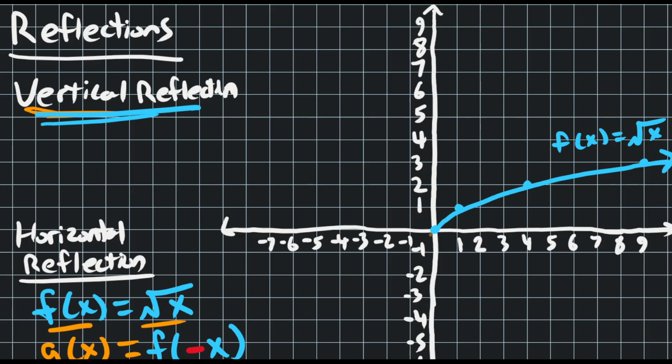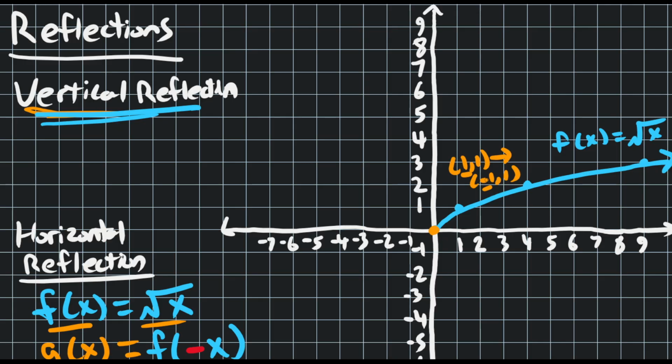All we have to do is take each point and switch the sign of the x-coordinate. So (0, 0) stays (0, 0). (1, 1) flips to (negative 1, 1). So we're flipping the x-coordinate now.